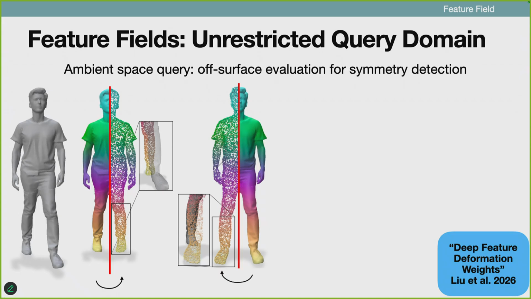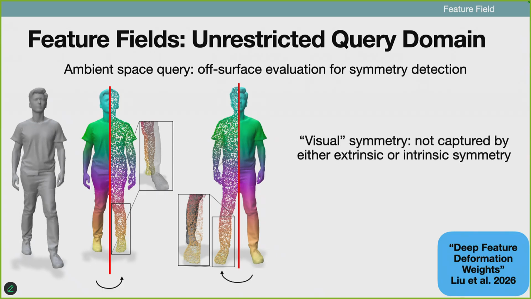And so we can establish feature correspondences for both reflections and then validate this symmetry plane. As I mentioned, this sort of symmetry is not necessarily captured by extrinsic or intrinsic symmetry, though I will note that if you ran some sort of low-pass filter on your intrinsics, you might be able to capture this.